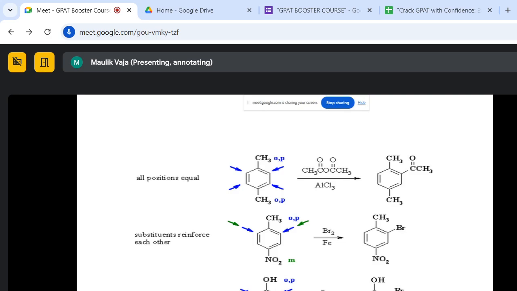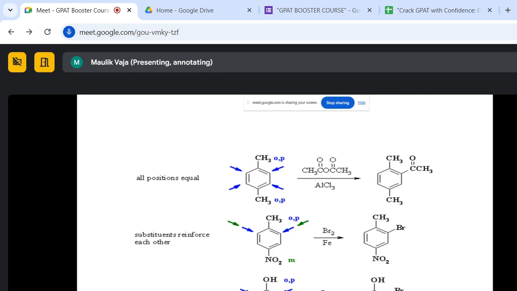While in this case, with the trimethyl group, C(CH3)3, both are equally activating groups. But the incoming group will go ortho to CH3. What is the reason? Here there is no effect of electron donating nature.